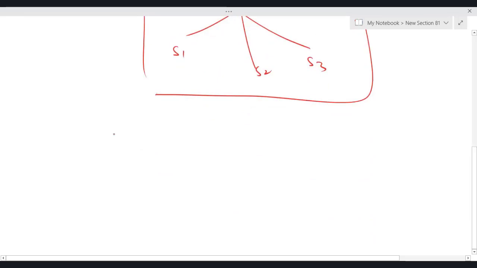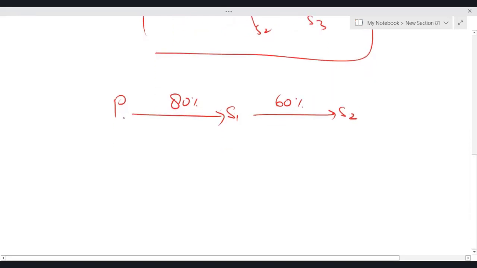For example, we have parent having, let's say, 80% holding in S1. Let's say S1 is having 60% holding in S2. Very important concept. Obviously, parent is having 80% holding in S1. It means parent holding is 80%, NCI holding is 20%.